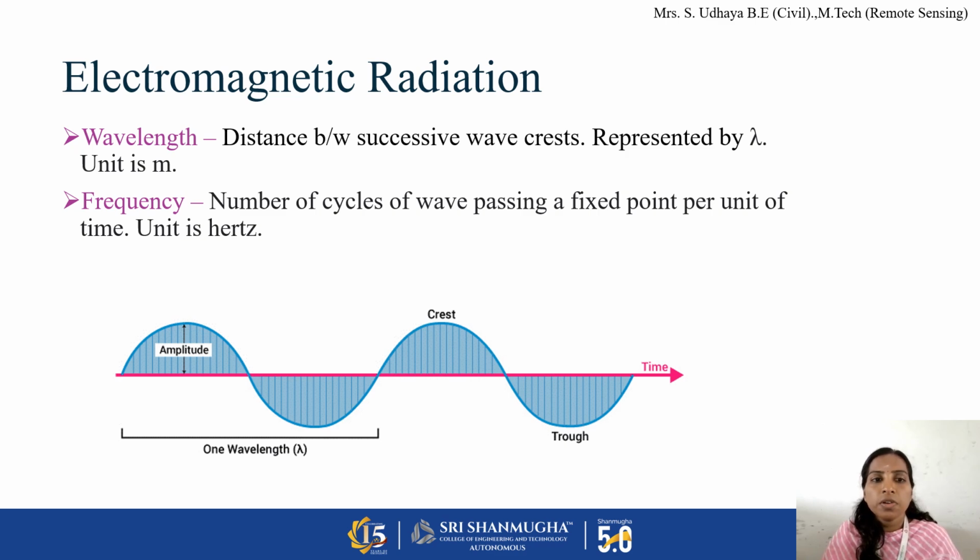The next important factor is frequency. Frequency is the number of wave cycles passing through a fixed point in a unit time. It is represented by the symbol nu, and its unit is hertz.